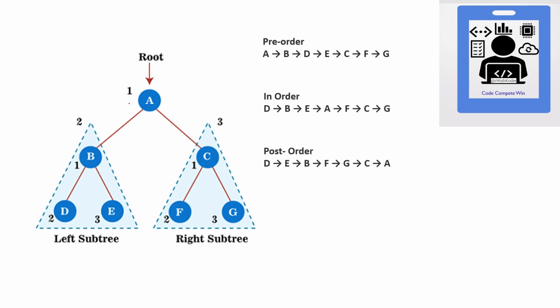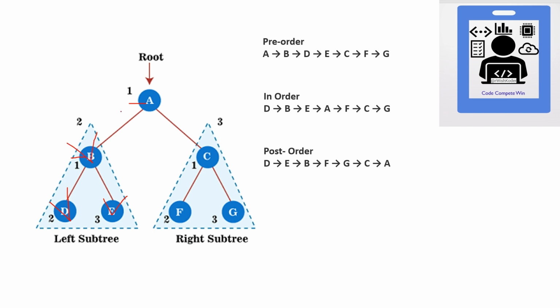So here first we visit the left subtree of A, that is B, and from B we go to the left subtree of B, that is D, and as D didn't contain any left subtree and right subtree, we print D, and we go back to B, and here we go to the right subtree of B, that is E. As E didn't contain any left and right subtree, we print E, and we go back to B. As we already visited the right subtree of B, we print the data inside B.